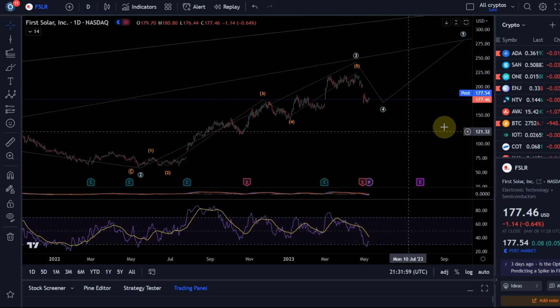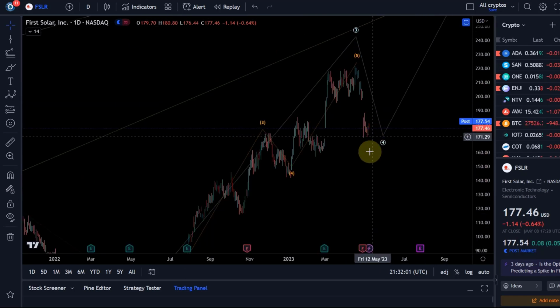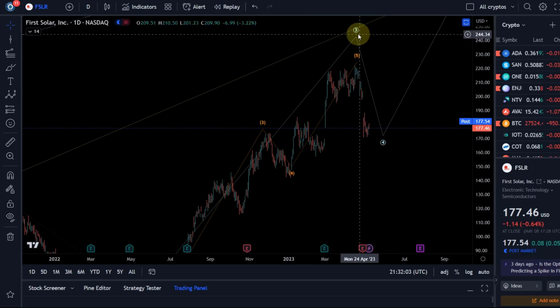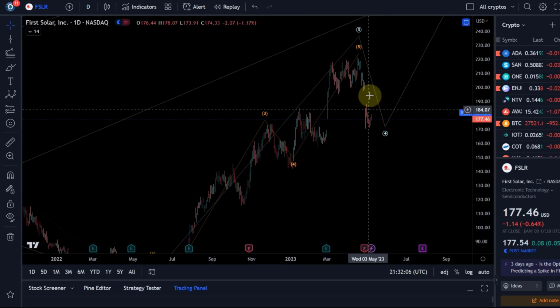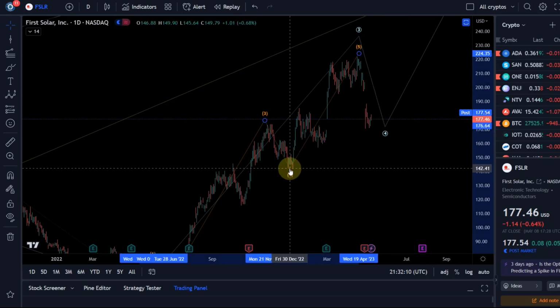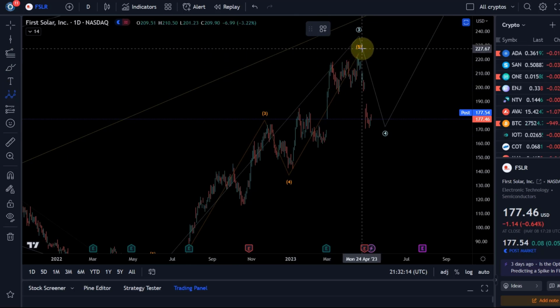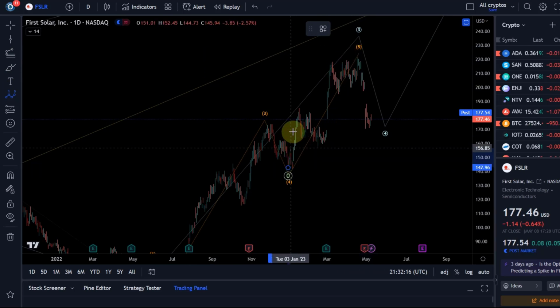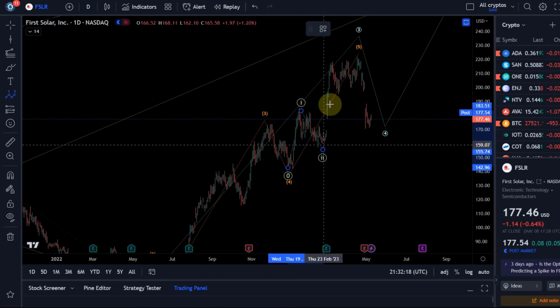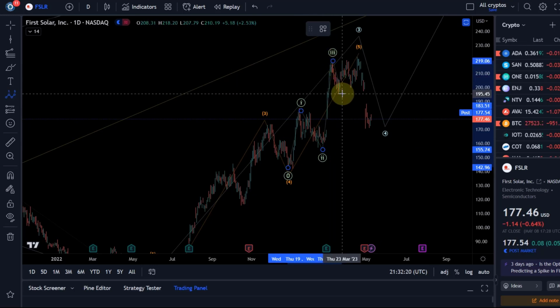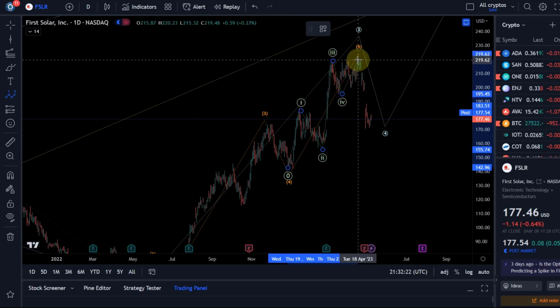But then if we zoom in, why do I think this move up is finished? Locally, at least this third wave, because for a continuation of the third wave, it basically dropped too far. And I can count a nice ending diagonal in this orange fifth wave. So I can count here wave 1, wave 2, a 3, a 4, and then a wave 5.